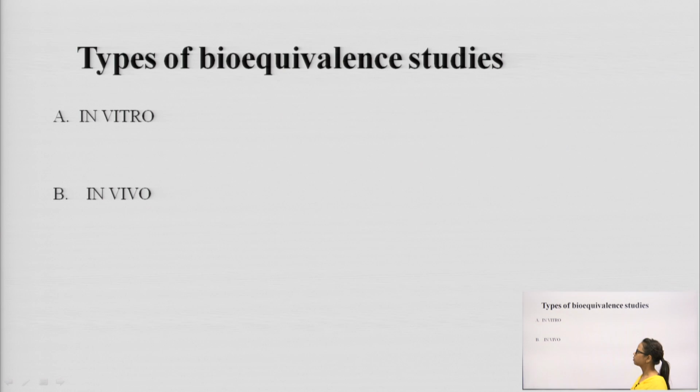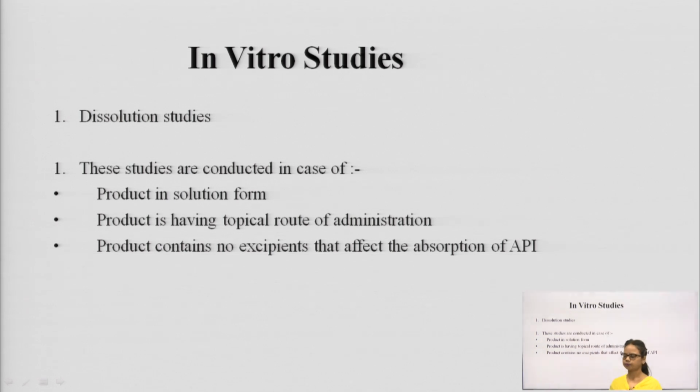Next, the types of bioequivalence studies are number one in vitro and number two in vivo. In in vitro studies, we do dissolution studies. Basically, it is done in labs.